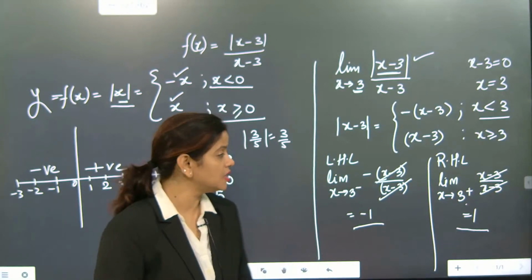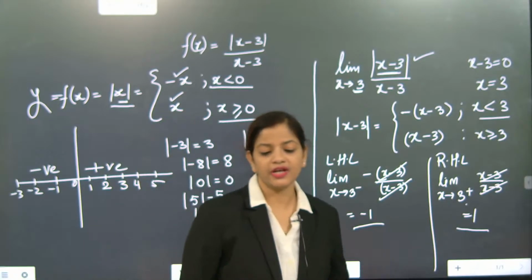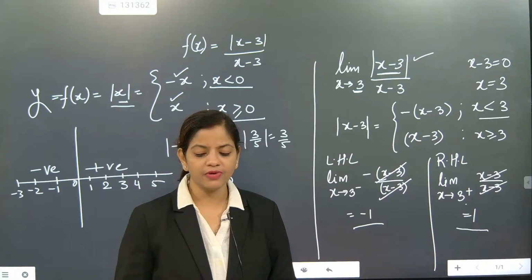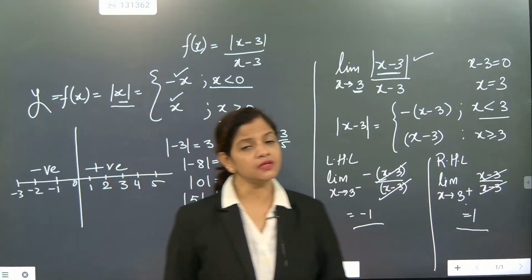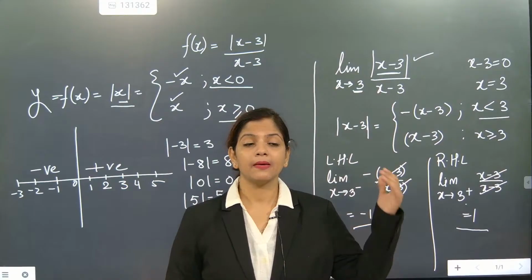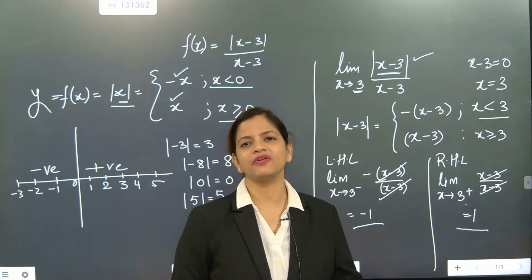Now come on, say this. What is the meaning of left side? What is the meaning of right side? How we can check continuity? Did you get my point, beta? Just give me one answer. If I am standing at the center, my value is minus 3. Then right side, what should be my value?